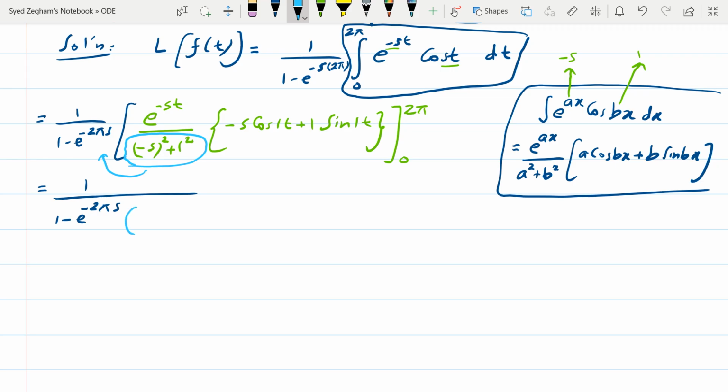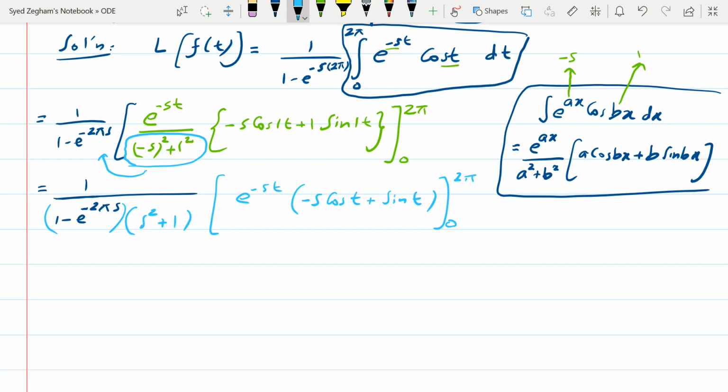So this will become minus s whole square, that is s square, plus 1 square, that is 1, right? And inside the bracket you have e power minus st times minus s cosine t plus sine t, and we will put the limit 0 to 2 pi.